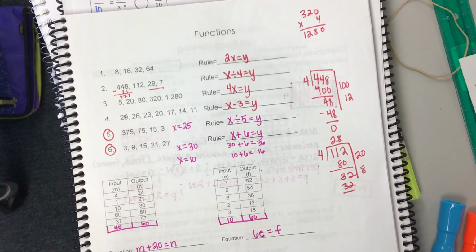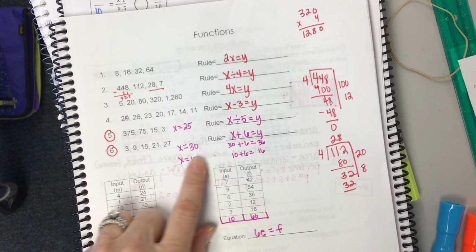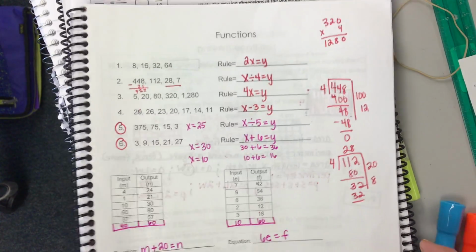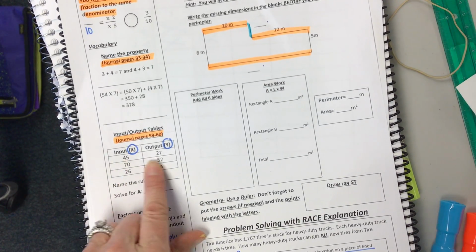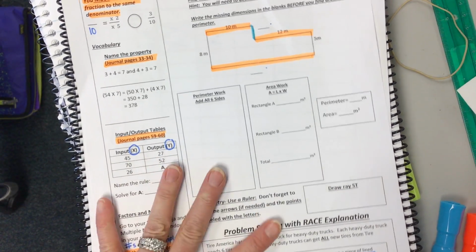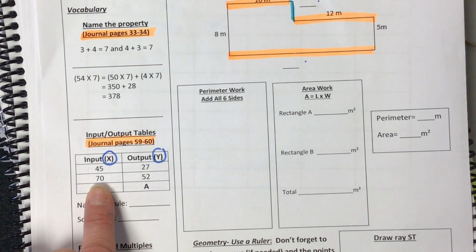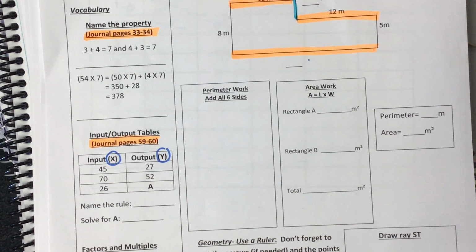Now that you're looking at multiple examples of how to write it using the x and y, what is the rule here? 45, what can I do to 45 to get to 27? Or what can I do to 70 to get to 52?